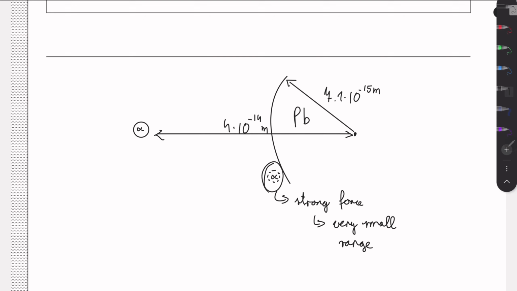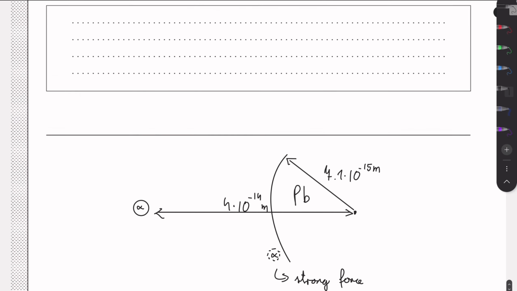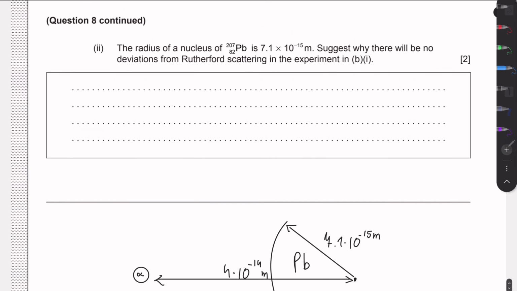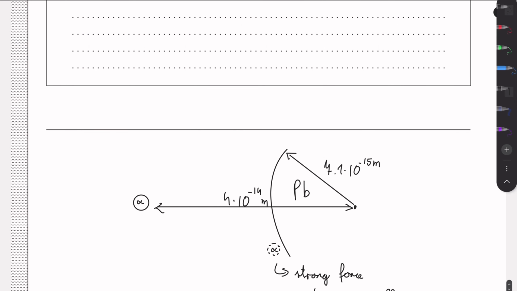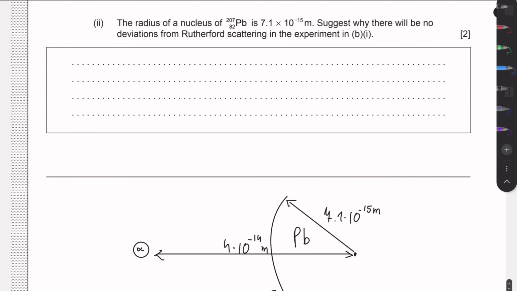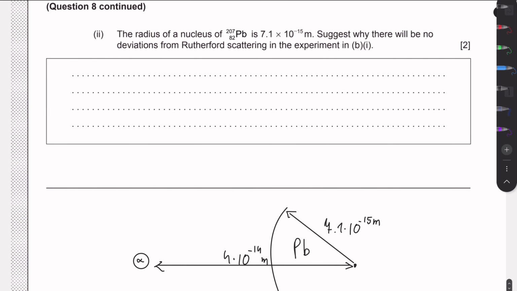But if the alpha particle is really, really close, then it will have an effect, and that's when we will have a deviation. But since here the distance of closest approach is quite far away, the strong force will have no effect on the path, so there will be no deviation. And that's generally the explanation.